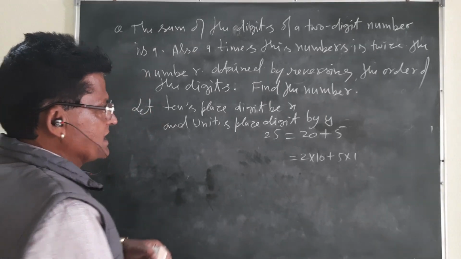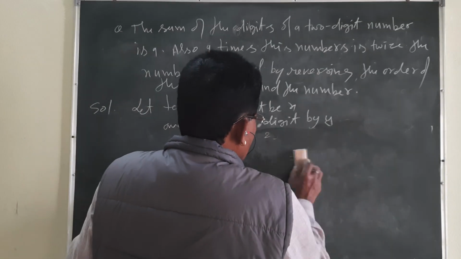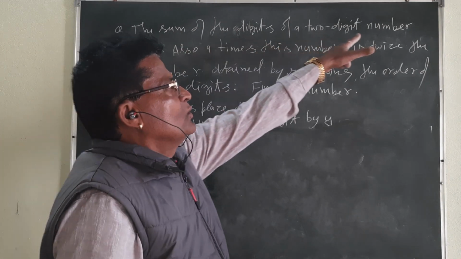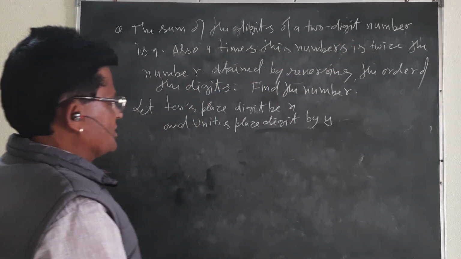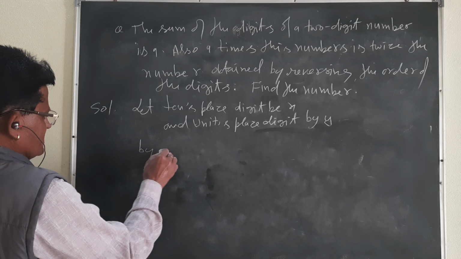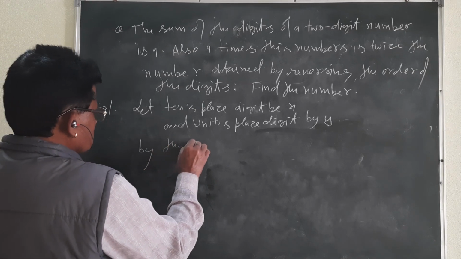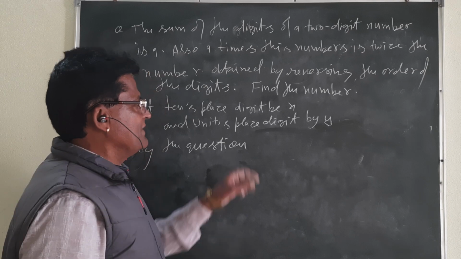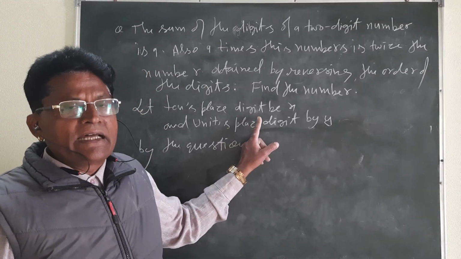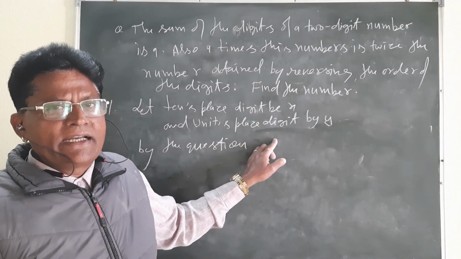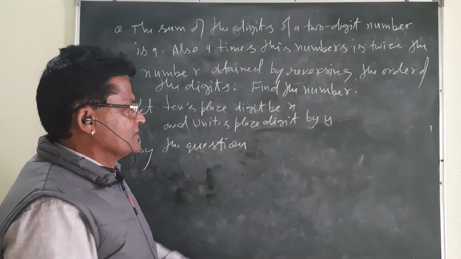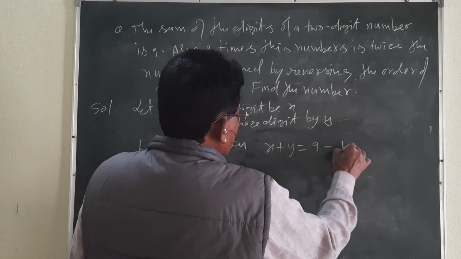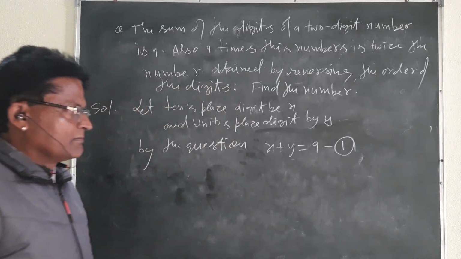Okay, but here it is given. You see, dear student, as per the question, the sum of the digits of a two-digit number is 9. First case. By the question, sum of the digits, as I have assumed, tens place digit is x, unit place digit is y. That is why the first equation is x plus y, their sum is 9, equation number 1.